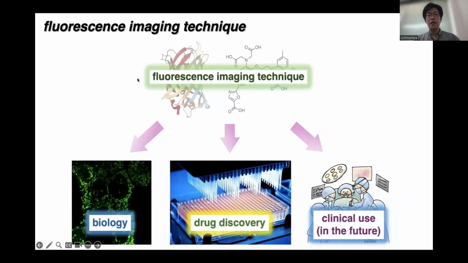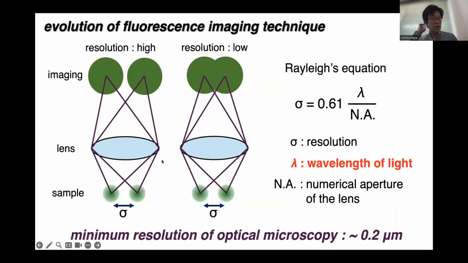As I explained here, fluorescence imaging technique is a very powerful tool in biology and drug discovery. And in the future, fluorescent probes may be applicable in clinical use. I also want to introduce the evolution of fluorescence imaging technique, which is super resolution imaging.